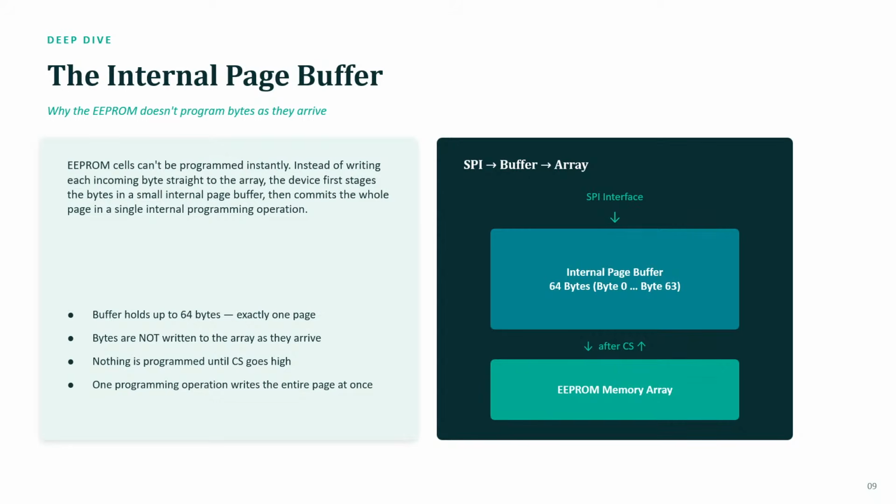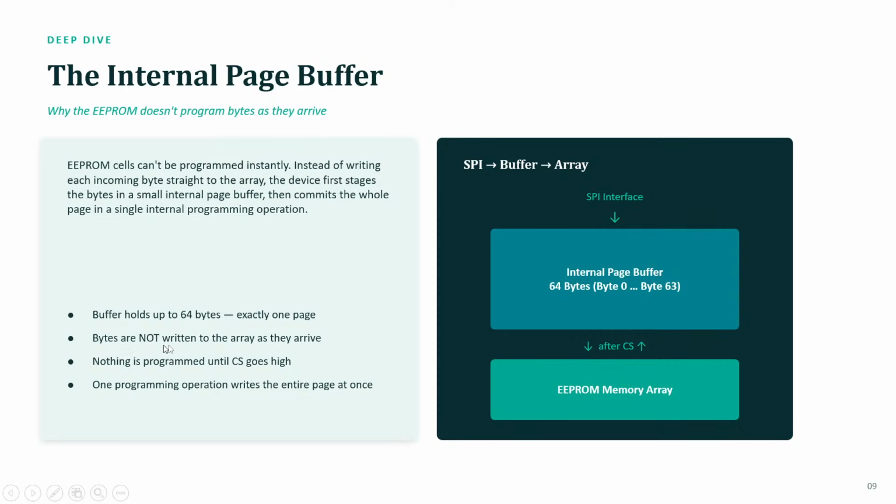The page buffer holds the data temporarily until the user has sent all the data, and then moves it into the memory. This page buffer can hold up to 64 bytes.